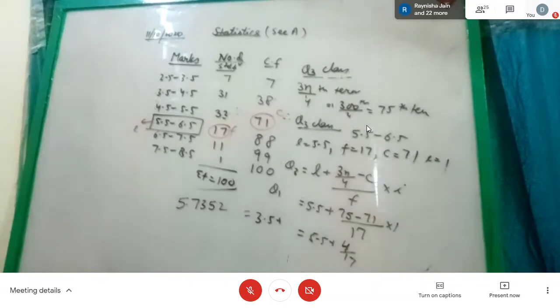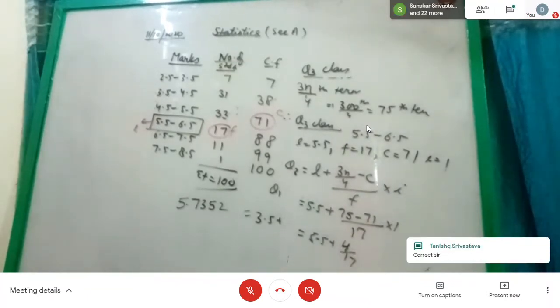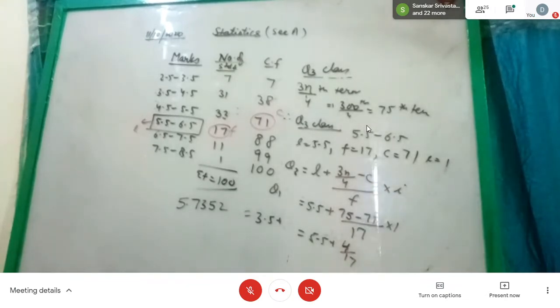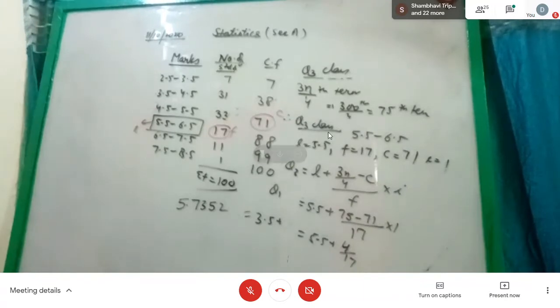Yes, sir, it is correct, 5.7352. Others, if you have done it, you can say the answer, or say whether it is correct or wrong. So we have done quartiles. Now quartiles come in the part of dispersion, and median comes in the part of central tendency.